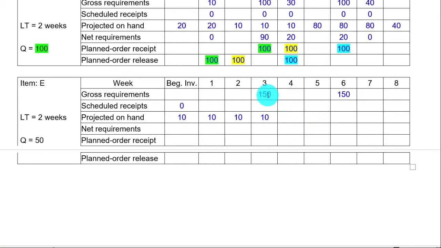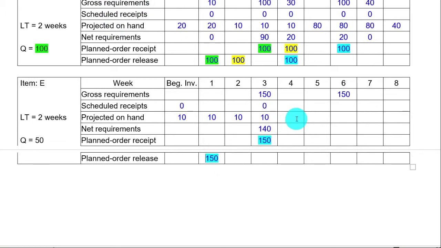Week 3, net requirement is 150 minus 0 minus 10, which is 140. At least 140 must arrive in week 3. But order size is 50, so you're going to place an order for 3 lots. 50 times 3 is 150. And you will place an order right here in week 1 because lead time is 2 weeks.